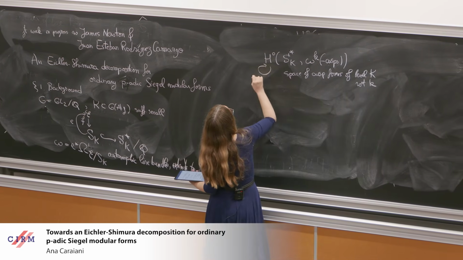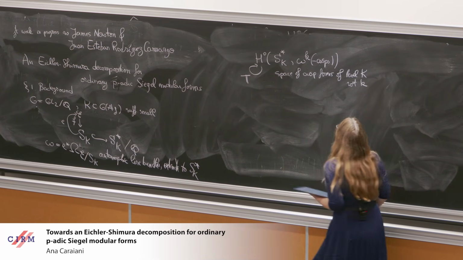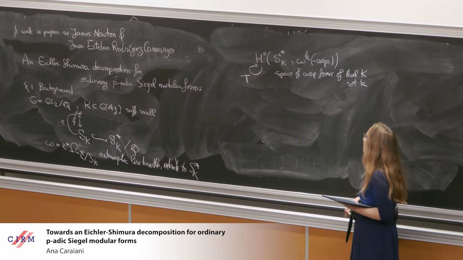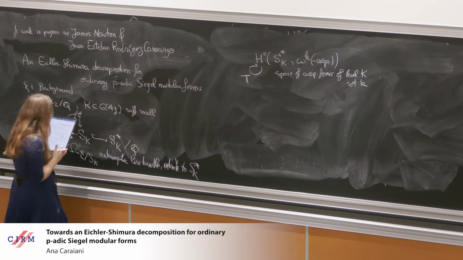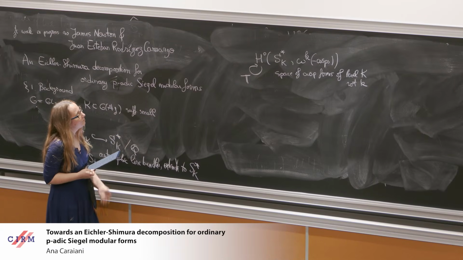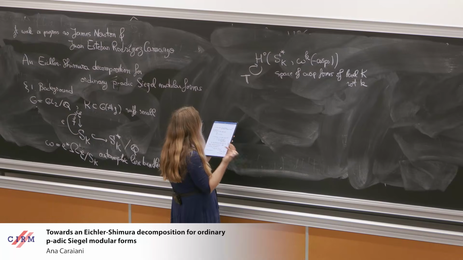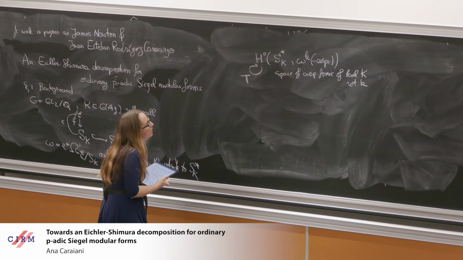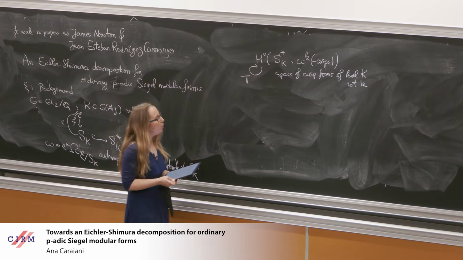It has an action of a spherical Hecke algebra that consists of Hecke operators away from finitely many bad primes. Okay, so that's one way to realize modular forms or cusp forms, through coherent cohomology.